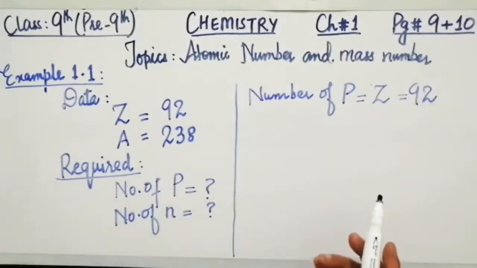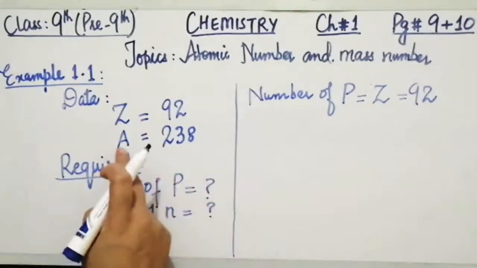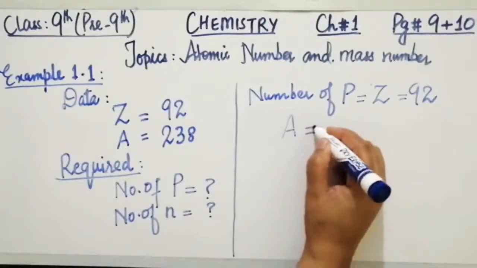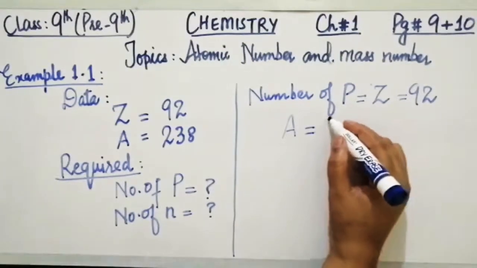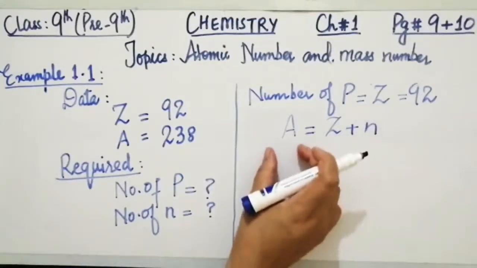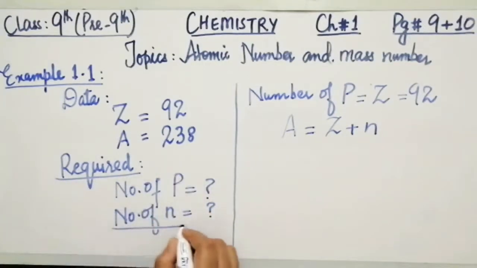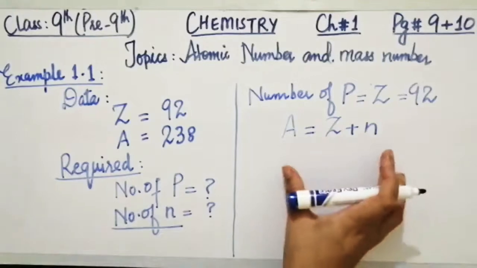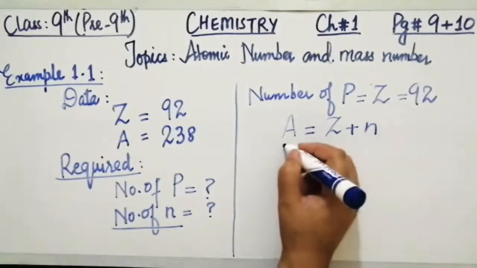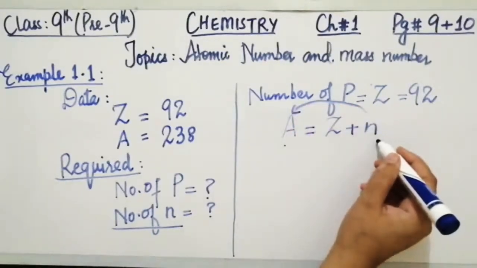Now what about the mass number of this atom? The mass number is given in front of you. So we don't need to find out the mass number, because according to the formula A is equal to Z plus N, we are not finding A, because A is given in the question. We need to find out the number of neutrons. So what are we going to do with this formula? Some changes are required. Instead of A, I am writing N, because this is our requirement.